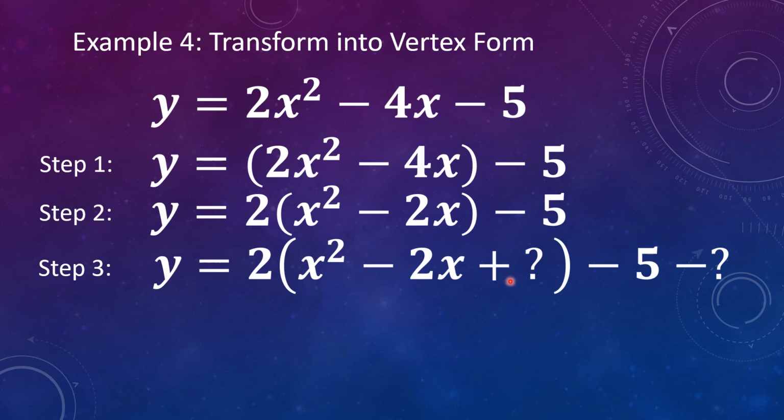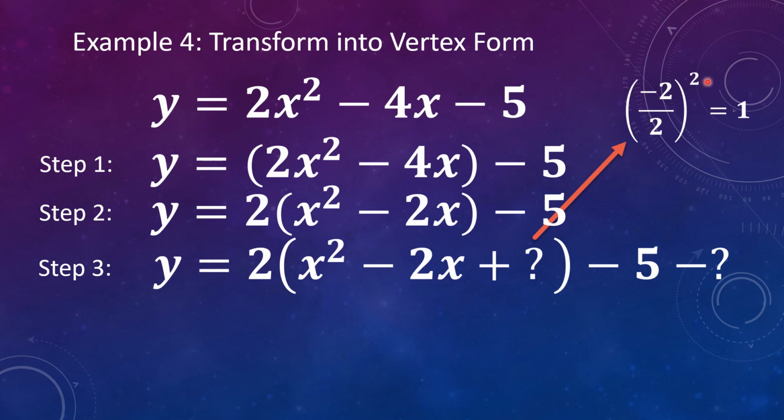So same with what we did at example number 3, we need to find the third term, but at the same time, kasi nag-add tayo dito, magma-minus tayo ng amount to make the equation balance. So third term will become 1 because the second term is negative 2x. It's gonna be negative 2 divided by 2.